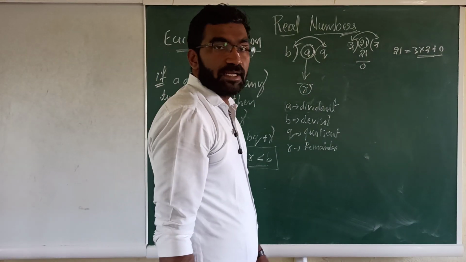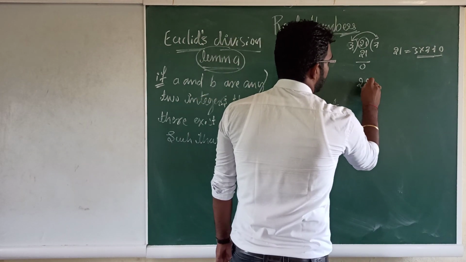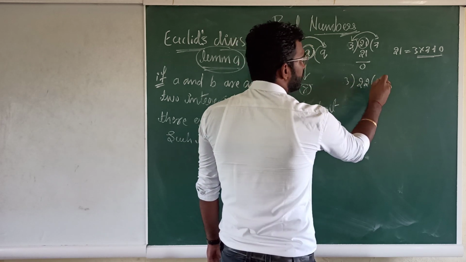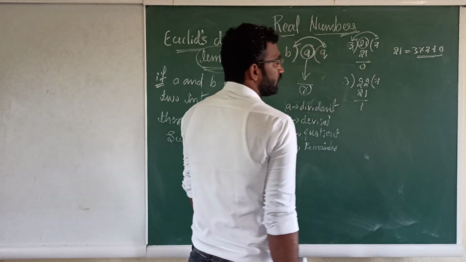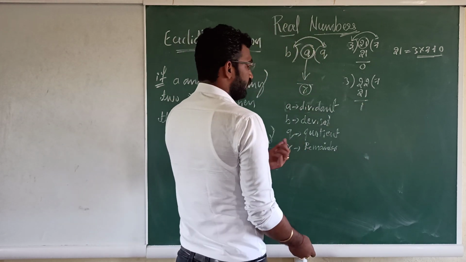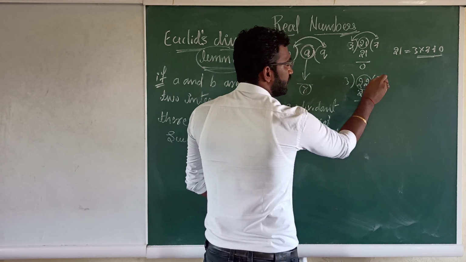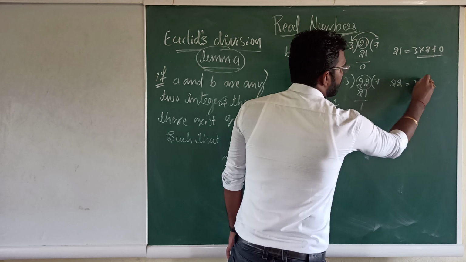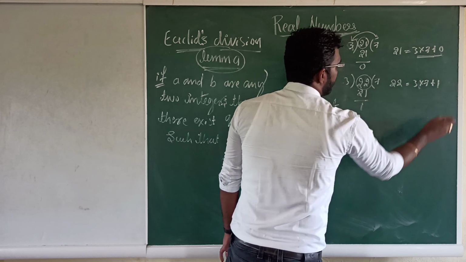So the next number I am going to take is 22. If you divide 22 by 3, 3 sevens are again 21. What is the remainder? 1. How to write it in this form? Simple. 22 equals 3 into 7 plus 1. So 22 can be written as 3 into 7 plus 1, right?